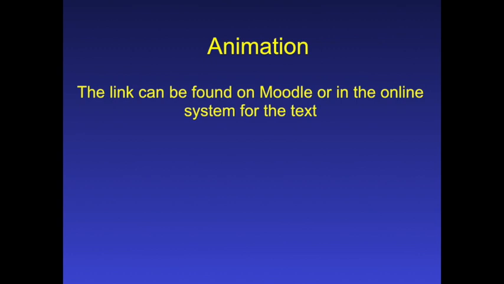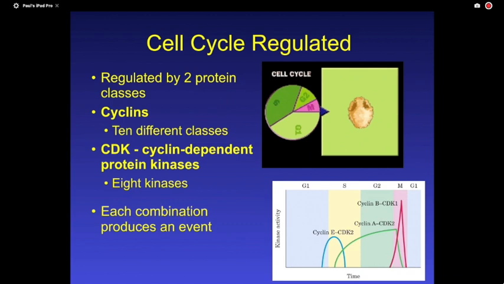What we're going to do is let you know that the signaling to go between those cycles, when the cell actually transitions, is regulated by 2 different protein classes, one called cyclins and the other called CDK, or cyclin-dependent protein kinases. There are 10 different classes of cyclins and about 8 different classes of kinases.